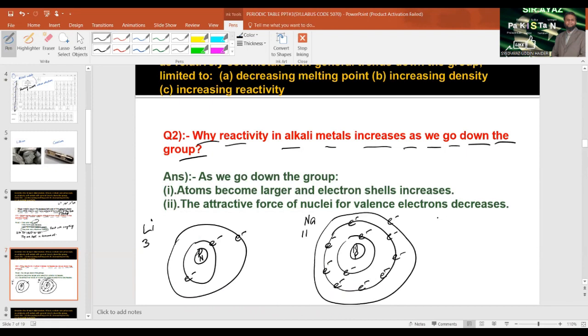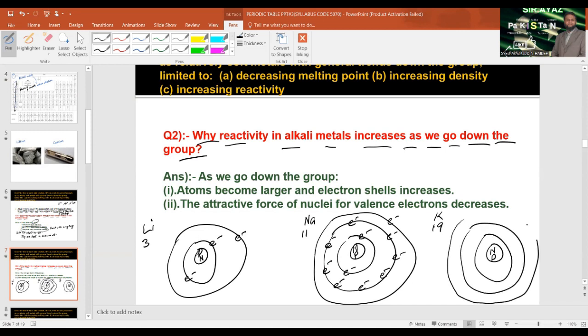What about potassium? The proton number of potassium is 19, which means it has 19 protons and 19 electrons. For potassium, I have to make 4 shells. First, I have the nucleus, neutrons and protons. This is the first shell, second shell, and third shell. Now I'm going to place all the electrons. In the first shell, there are 2 electrons.